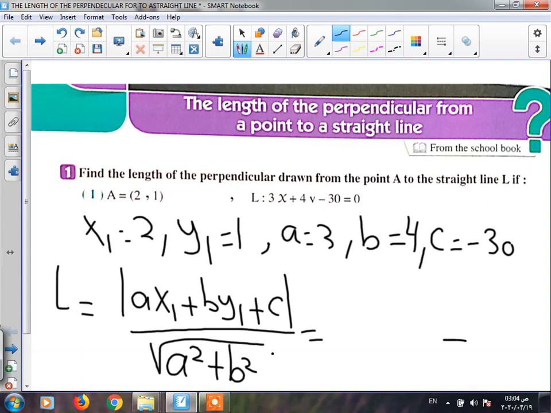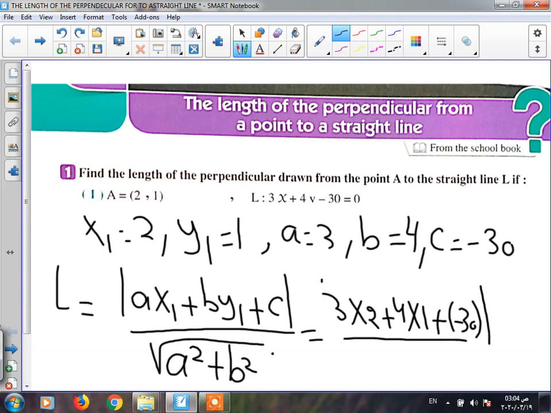It's going to be 3 times 2 plus 4 times 1 plus negative 30, absolute value, over the square root of 3 to the power of 2 plus 4 to the power of 2.